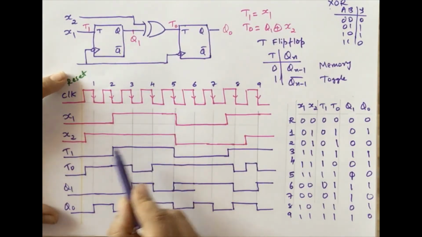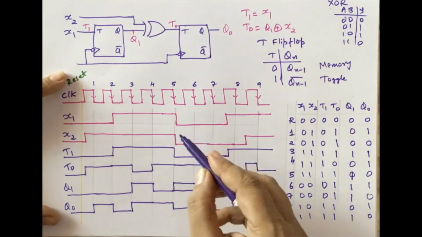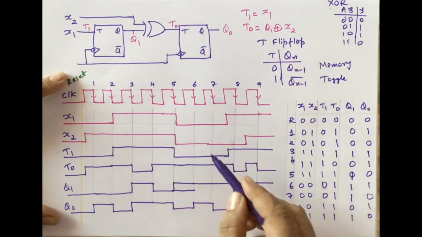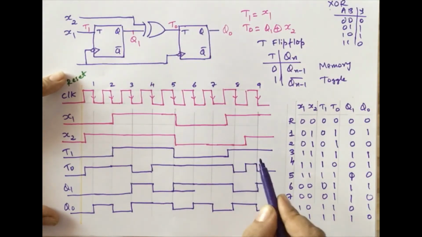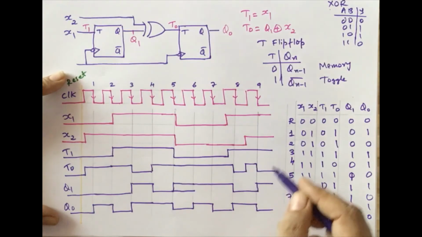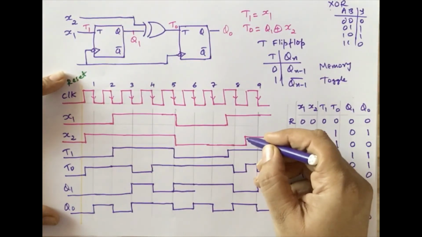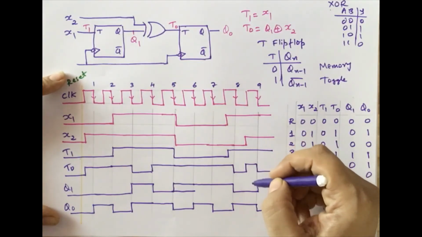As we have already seen, T1 is following X1. Q1 and Q0 are changing their state. So T0 is also changing state, but T0 is changing asynchronously based on the status of X2 as well as Q1. You can observe over here, X2 is becoming 1 at that time.